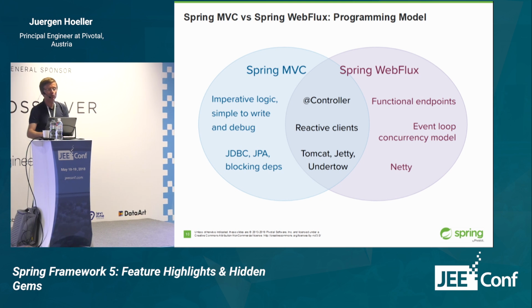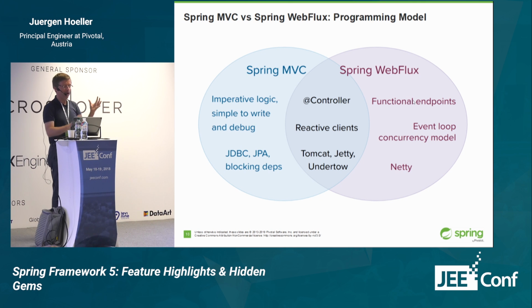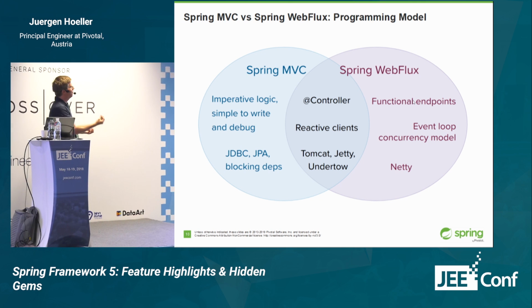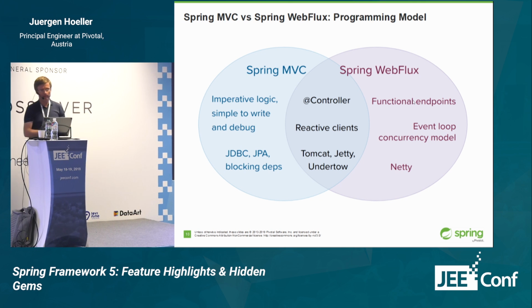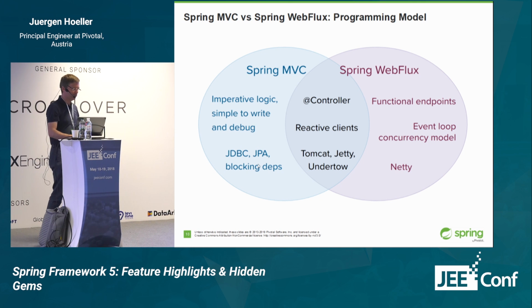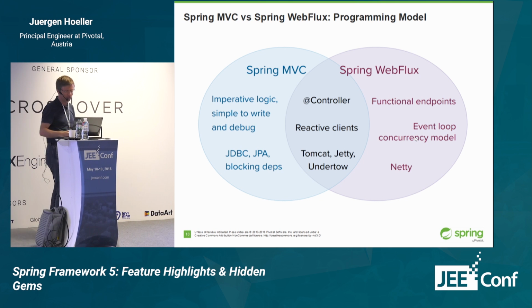So this is essentially what WebFlux is for. If you have a reactive API that you can use, expose its power to your web endpoints. So from a simple bottom-up perspective, if you use blocking data store APIs, choose Spring MVC on the servlet stack. If you have reactive data store APIs, or if you're building a microservice arrangement and you have reactive web clients that talk to other microservices, try the WebFlux stack instead.